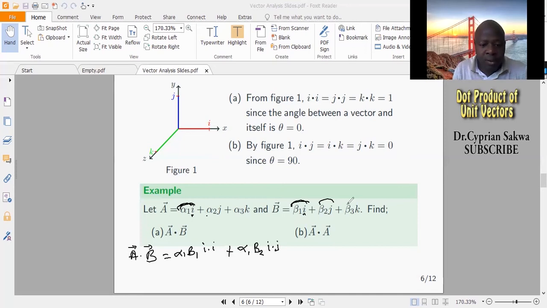Now this and this will be alpha 1 beta 3 i dot k. Okay, I'm done with this, I'm done with that.